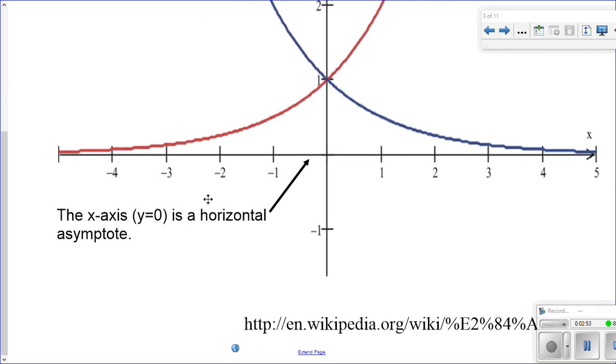If you want more information, there's a Wikipedia link here, embedded into my online course and on this slide. If you want to enhance your learning about exponential functions, feel free to read a little bit about these types of functions and curves.